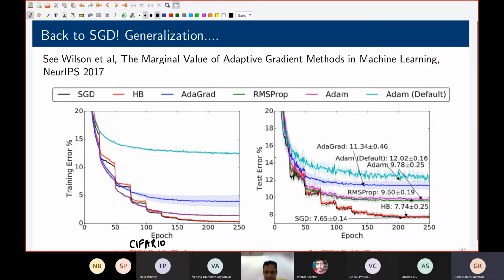Maybe the fix to Adam, the one in purple, is certainly better. But again, the domination of fixed Adam lasts only until a particular point, after which you can see stochastic gradient descent has caught up. That's what they're showing. That's basically the marginal value; there's not so much value all the time.